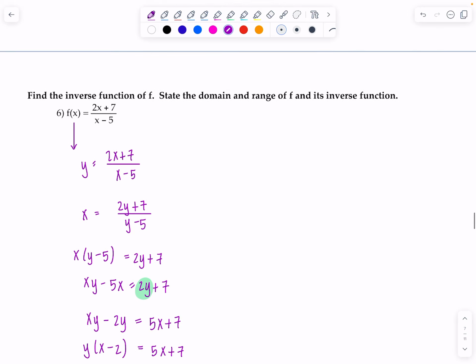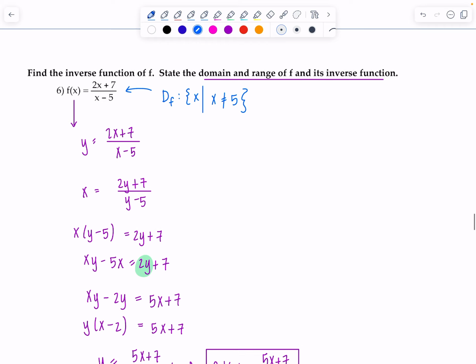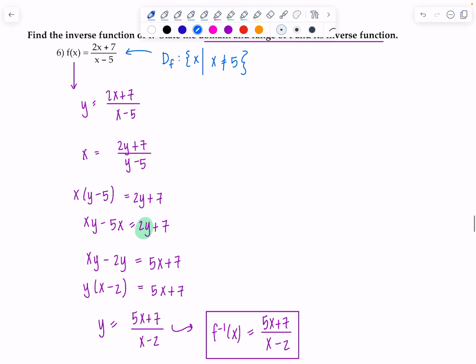Then we're asked to state the domain and range of f and its inverse. So right off the bat, you should be able to figure out what's the domain of f. The domain of f is all x's such that x cannot equal 5, right? That would make the denominator 0. And looking down here at f inverse, can you tell me the domain?